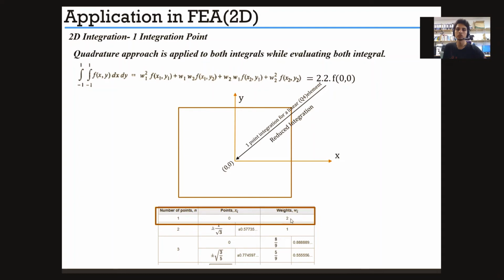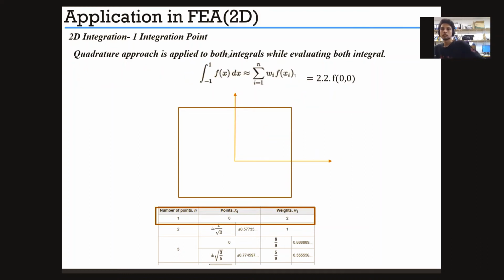The w value is 2, so 2 into 2, f of 0 and 0. So forget about this one. The equation is like that. So this is the reduced integration for one integration point in 2D. This is how we can evaluate one point by Gaussian quadrature in finite element analysis.